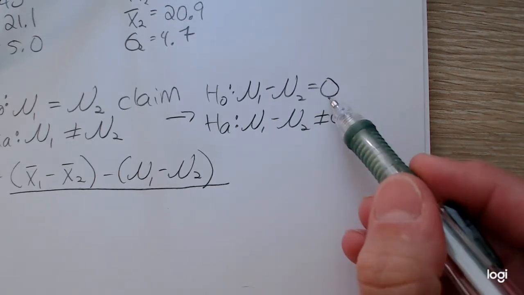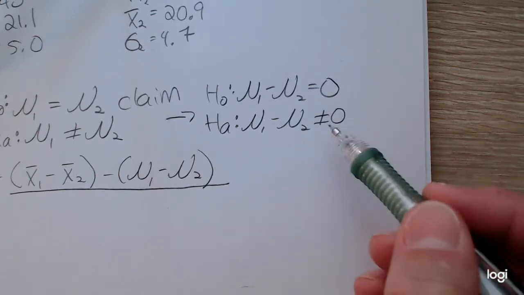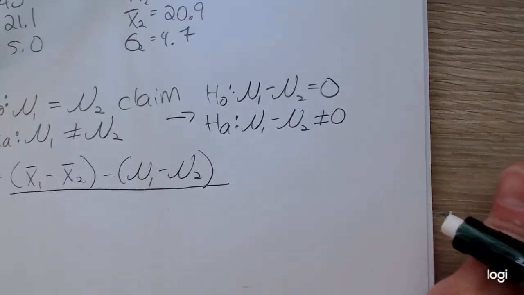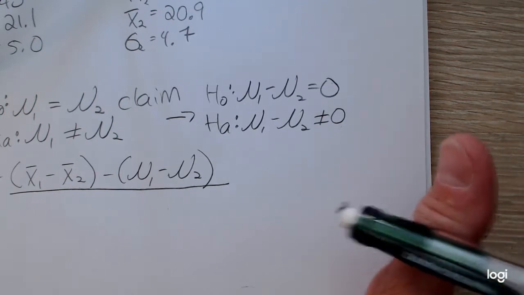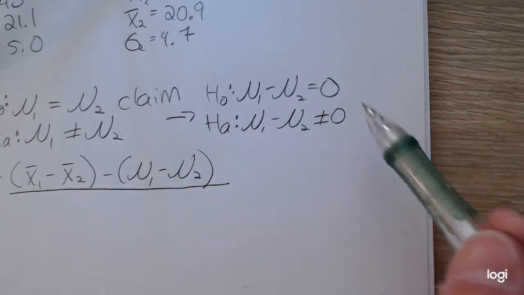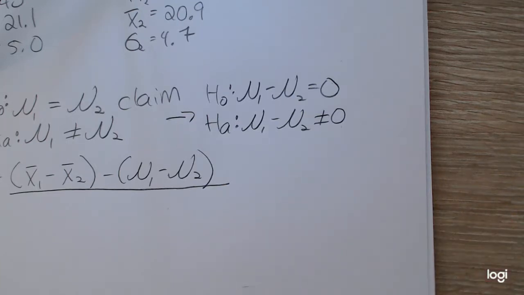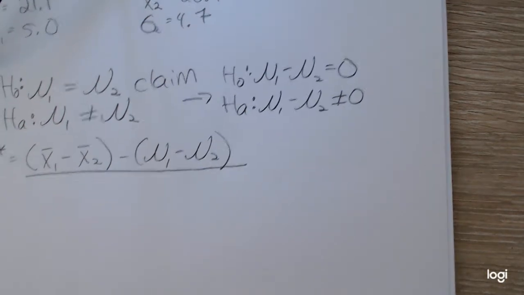So this is the claimed difference. We could test a claim for a difference other than 0, but if you're taking my stats class, we're not going to be doing that. We're just going to assume that we're testing a difference versus no difference, or a difference greater than 0, or a difference less than 0.